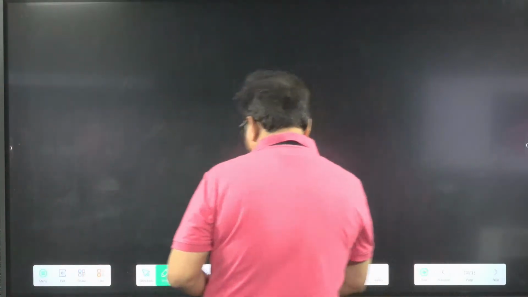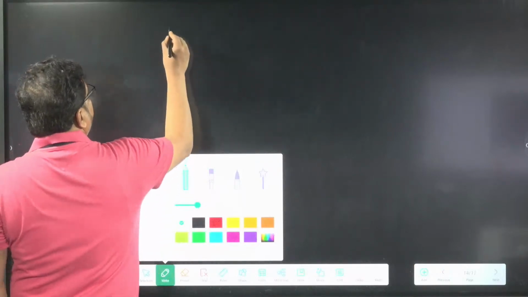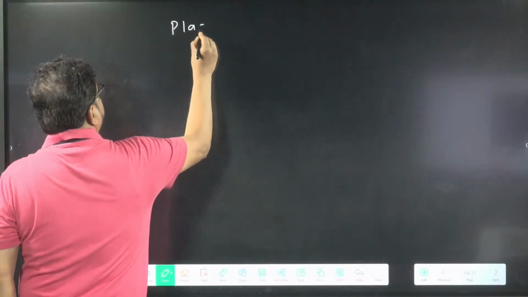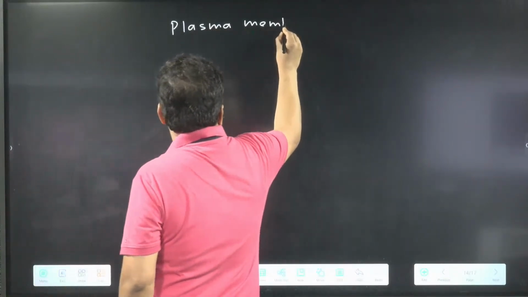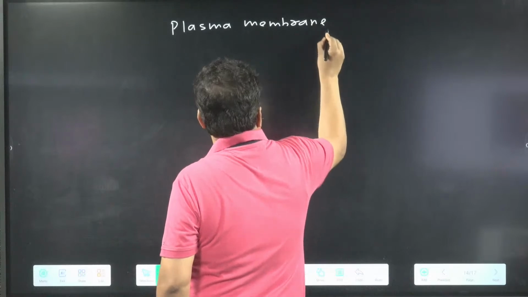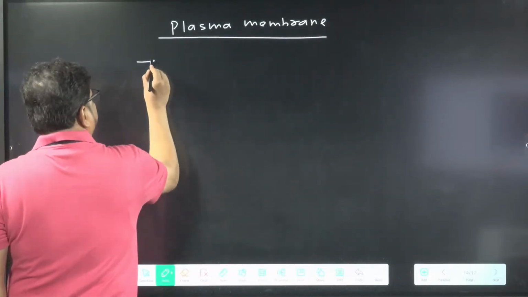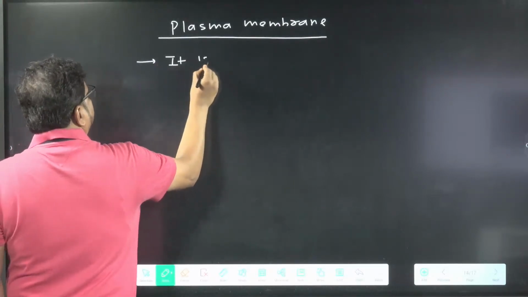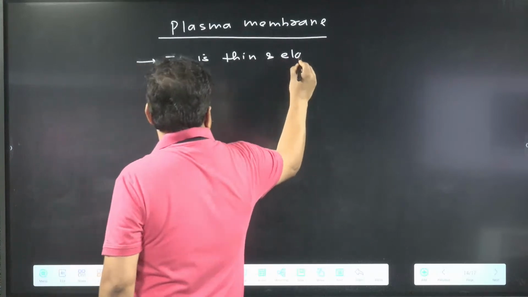Clear? Now we are going to start a new topic, that is cell membrane, the plasma membrane. So let's start with the plasma membrane. It is thin and elastic.